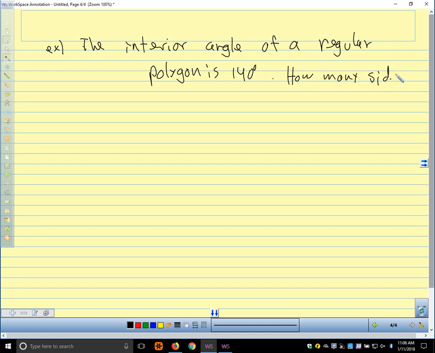How many sides? Is this question asking us about all of the angles together or one? It tells us one angle is 140 degrees. Don't we have a formula for one angle in a regular polygon? Yeah. So we're going to say that one angle, 140, equals n minus 2 times 180 divided by n.